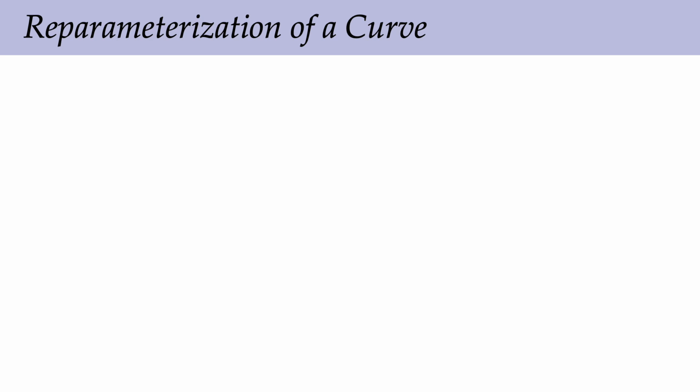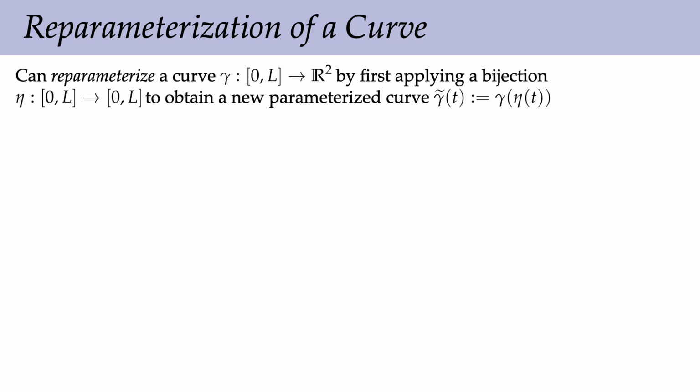So if we have a curve already, let's say gamma, we can reparameterize it, we can come up with another function that describes the same curve by first applying a map from the interval to itself. And then after we've mapped the interval to itself, we go into the plane using our original map gamma. So if eta is our map from the interval to itself, our new curve is gamma tilde, which we get by just applying gamma to eta.